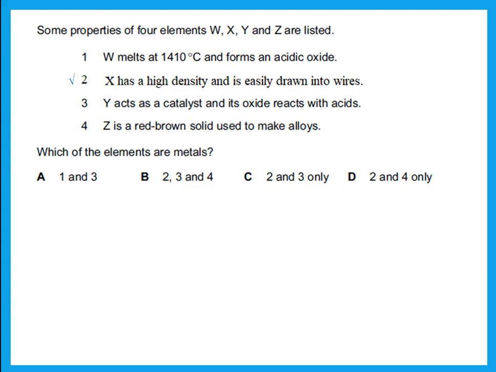Transition metals act as catalysts, so anything that acts as a catalyst is probably a metal, and its oxide reacts with acids. That's true because oxides of metals are basic, so they will react with acids. So 3 is right. Now Z is a reddish brown solid used to make alloys. Can this be a metal or not? Yes, reddish brown solid could be copper, and copper is used to make alloys, so it also is a metal. So that means 2, 3, and 4 are all metals.